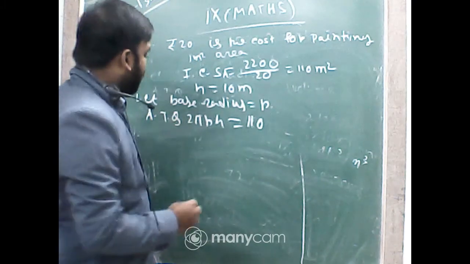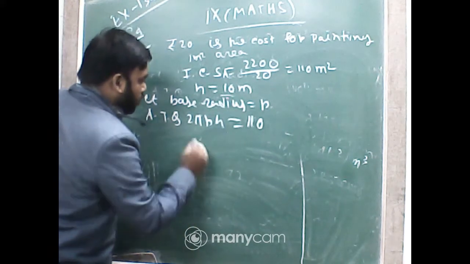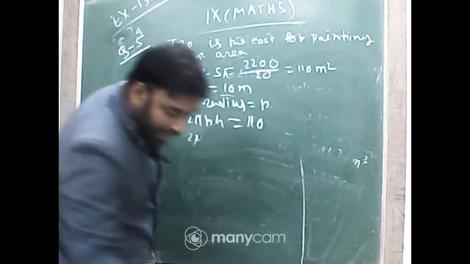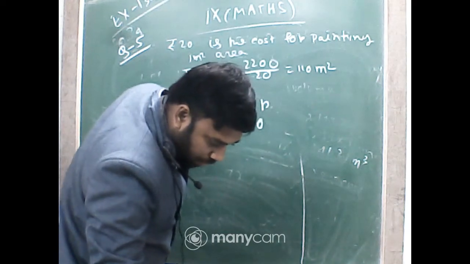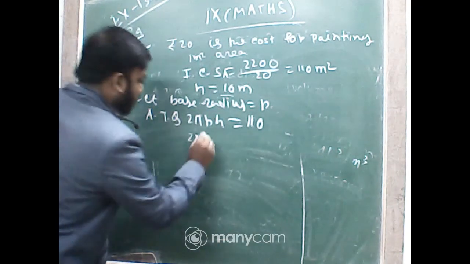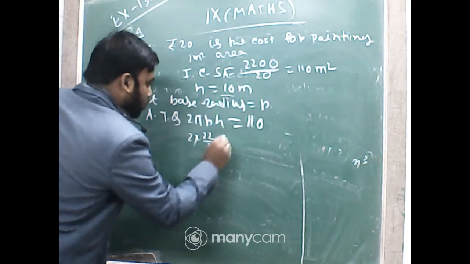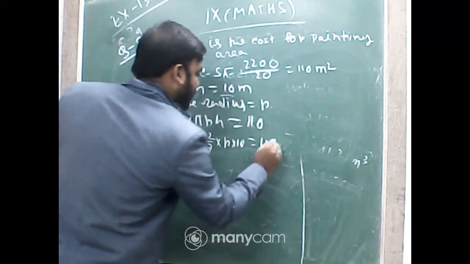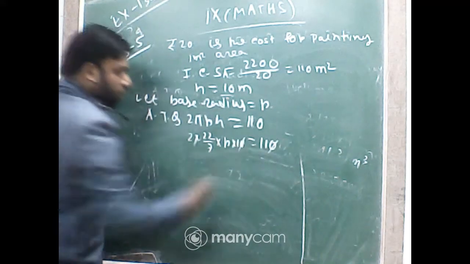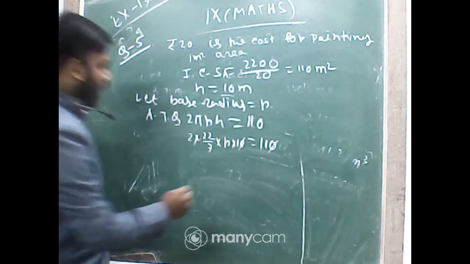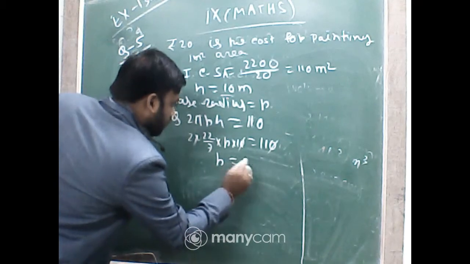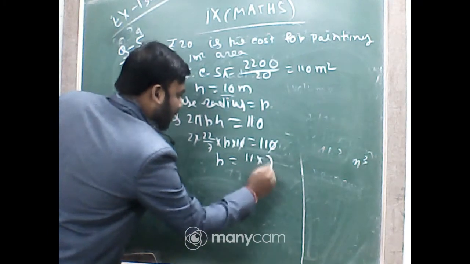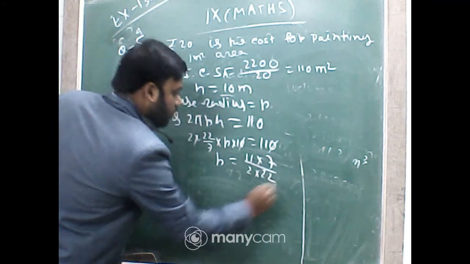Now from here you know that h equals 10. So pi means 22 by 7. Very good. 22 by 7 into r into 10 equals 110. So zero removed, r equals 11 into 7 by 2 into 22.